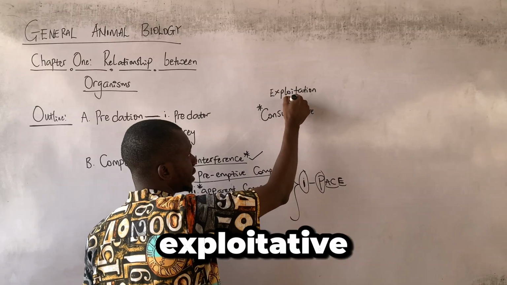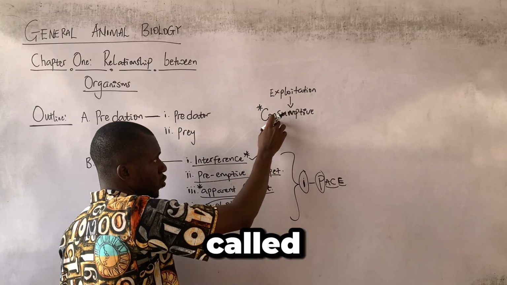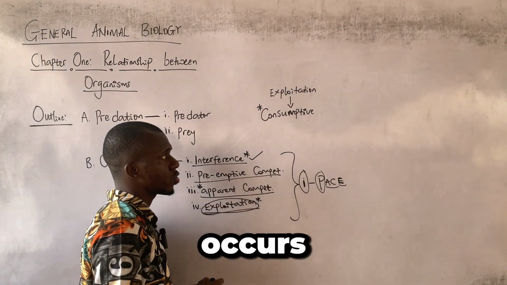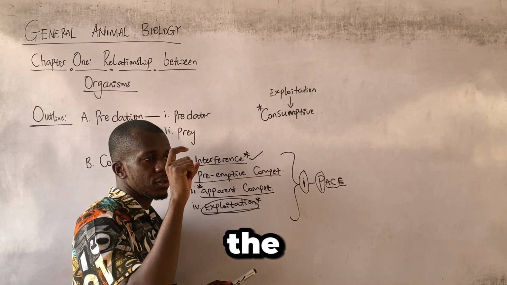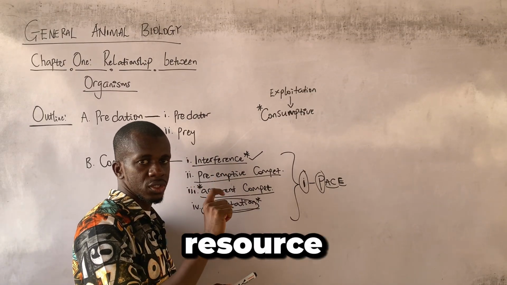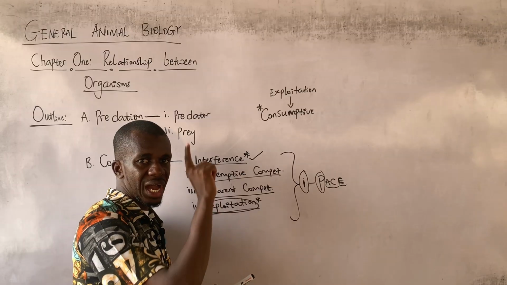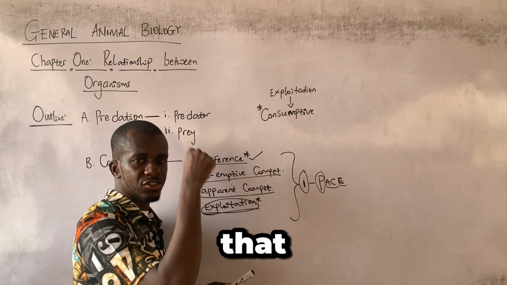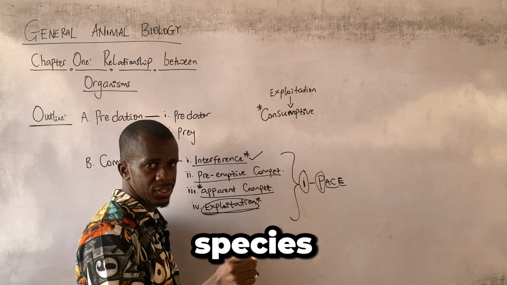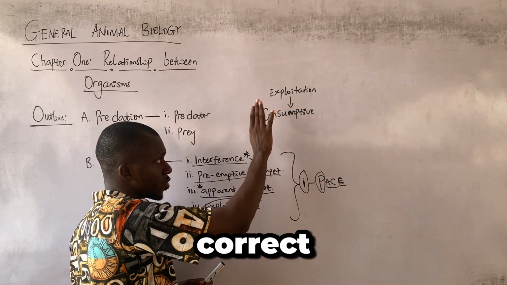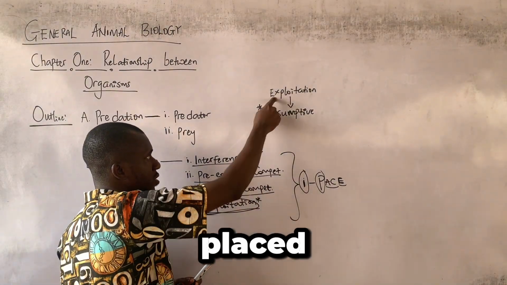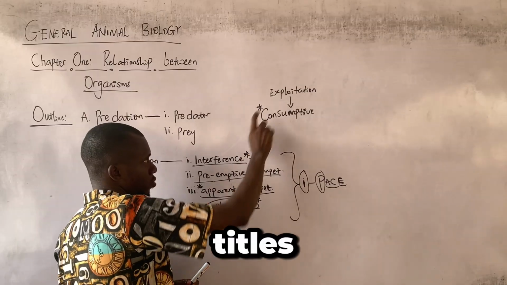Exploitation or exploitative competition is called consumptive, which occurs when we do not use force, but the consumption of a resource by one species affects the availability of that resource for the other species. Please don't mix that up. Remember, we said that. Good. The definition was correct. We just placed the wrong titles on each one.